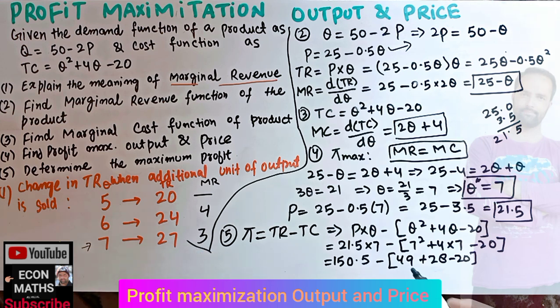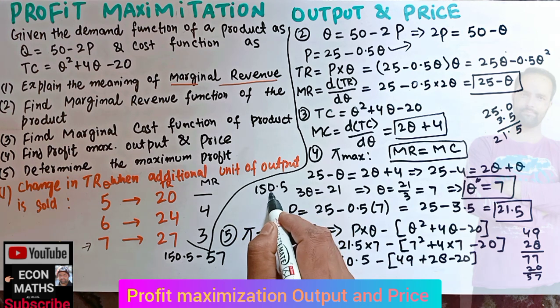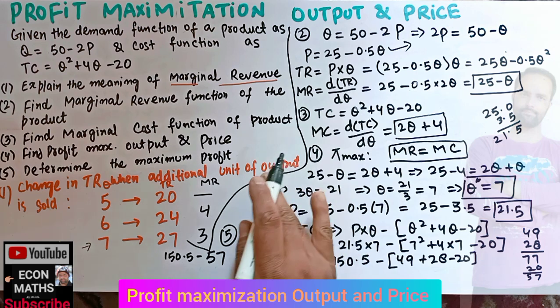So we have 150.5 minus, let us see what happens here. We have 49 plus 28, which is 77, minus 20, which is 57. Okay, so we have 57 here. So let's subtract 57 from 150.5.